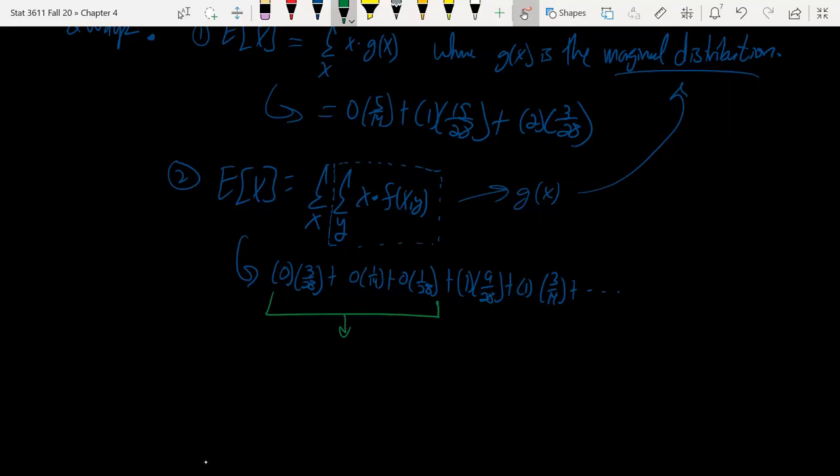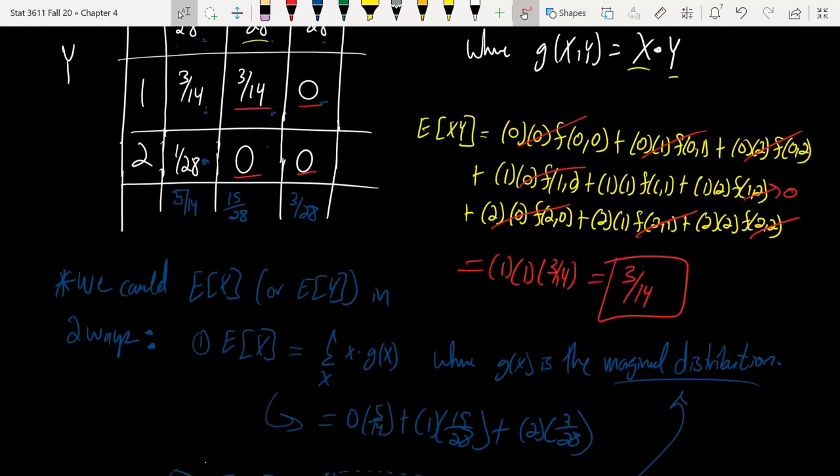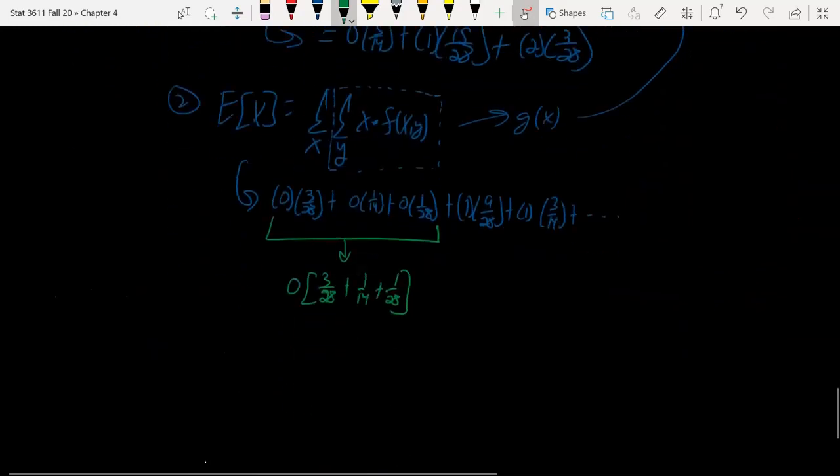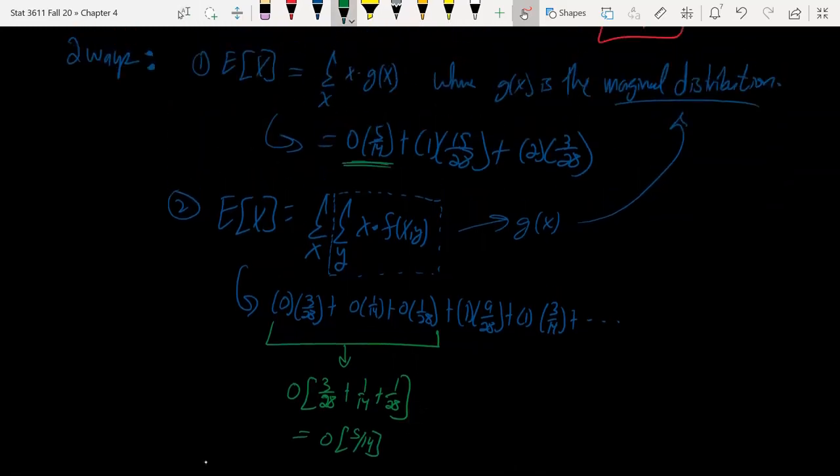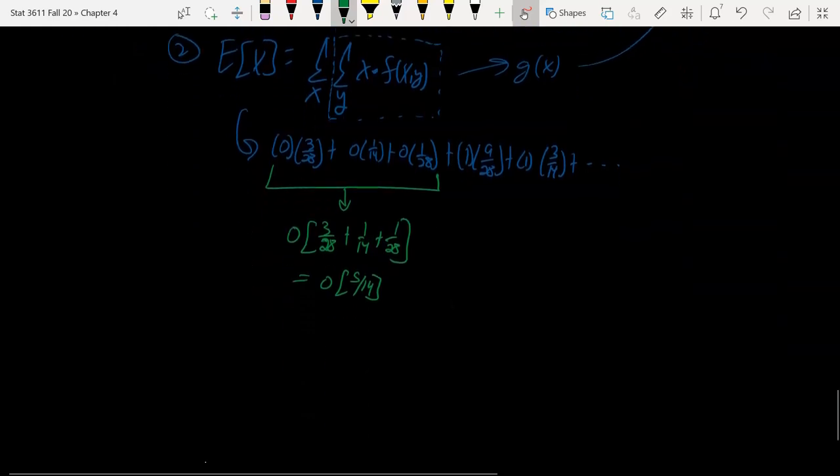I can factor out the 0, which is weird, but this is 0 times 3/28 plus 1/14 plus 1/28. What is adding these probabilities up? That's adding up that first column. That's going to give me the 5/14. This is 0 times 5/14. So these are actually equivalent things. That gives me this computation right there. So I would definitely prefer to work in the first method, but just be aware that that's an alternative way of thinking about it.